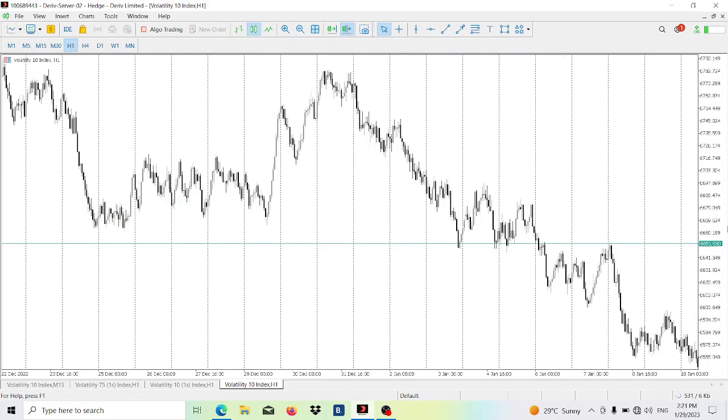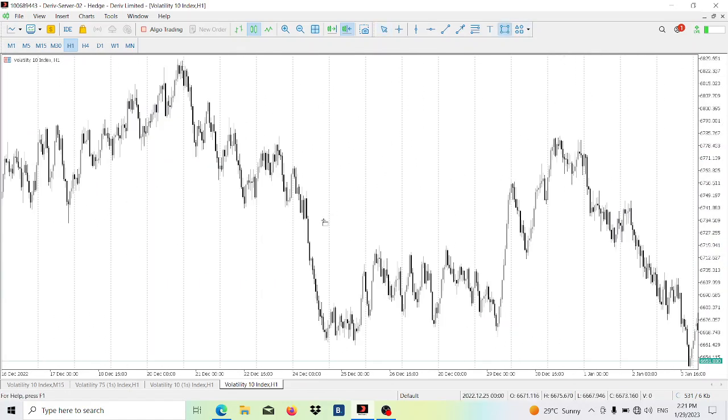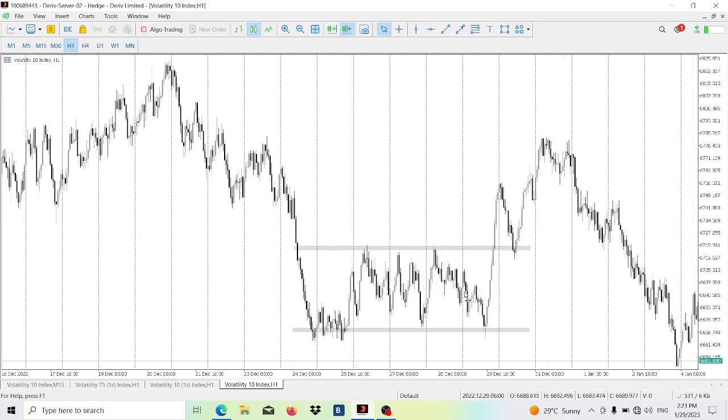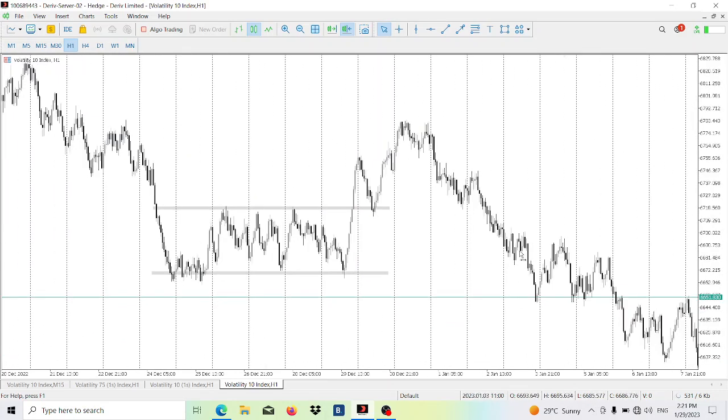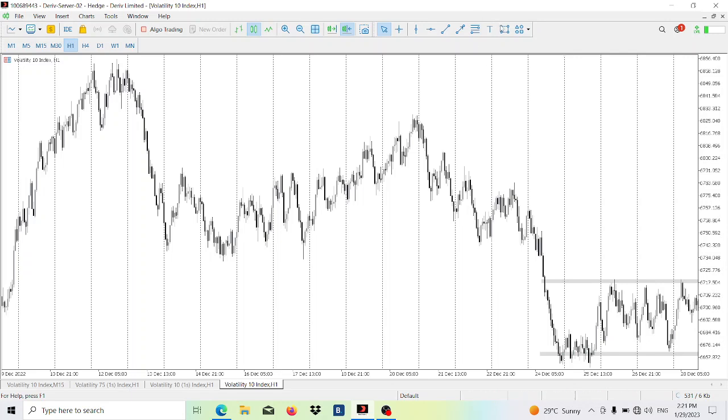So, what is a sideways market? This is a sideways market when the market is moving in a sideways direction. We have no clear direction. The market is stuck in a consolidation. Sometimes the consolidation can be tricky, like for example here. The market was stuck in this range.